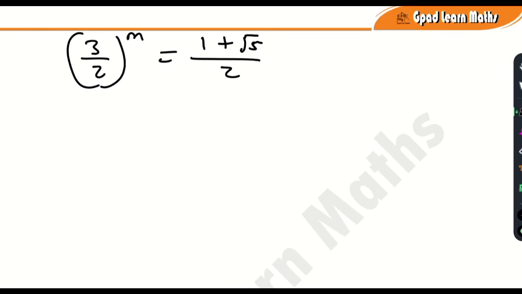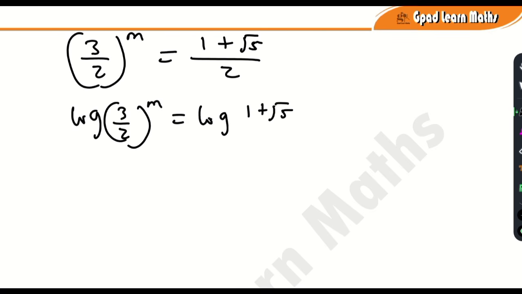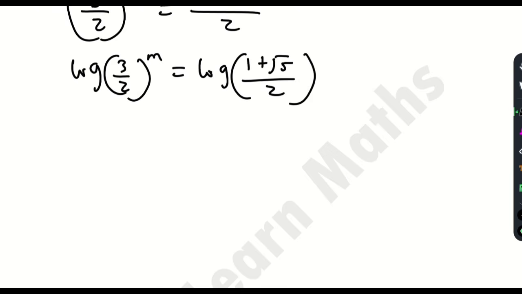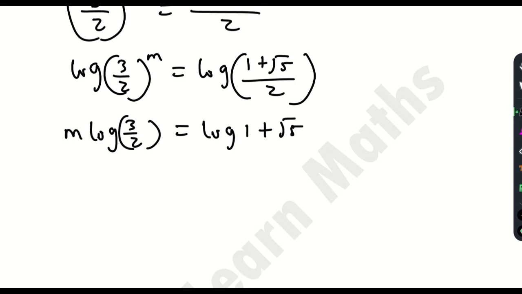So log of 3 over 2 raised to m is equal to log of 1 plus root 5 over 2. From one of the laws of logarithm, this exponent will be made to multiply the logarithm. So I'm going to have m log 3 over 2 is equal to log 1 plus root 5 over 2.